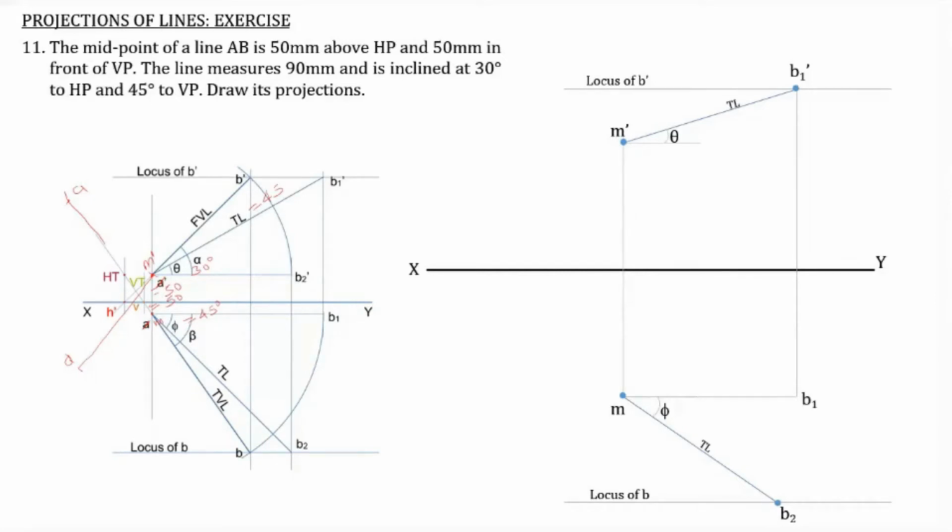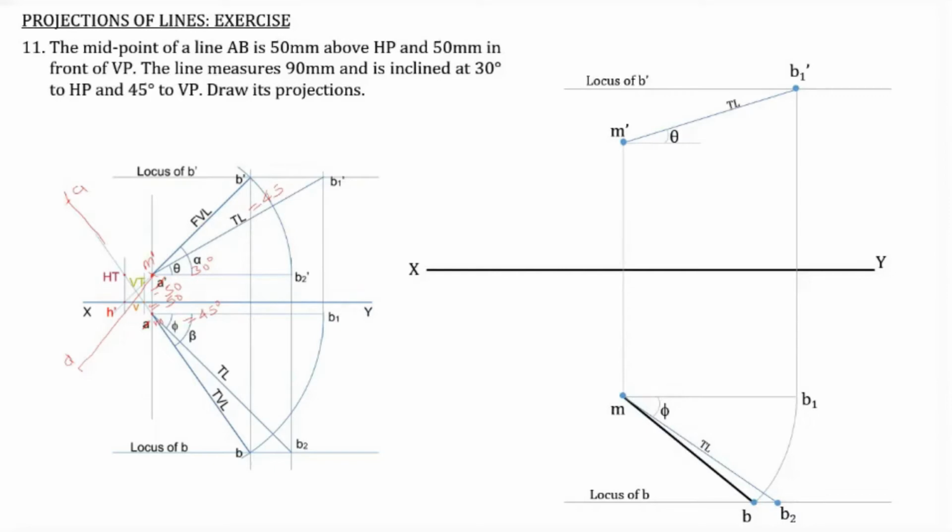Now we can rotate MB1 to obtain the point B. So this length MB1 can be rotated to get the top view length MB. This is point B. So now we can join M and B. This is half of the top view, not the full top view.